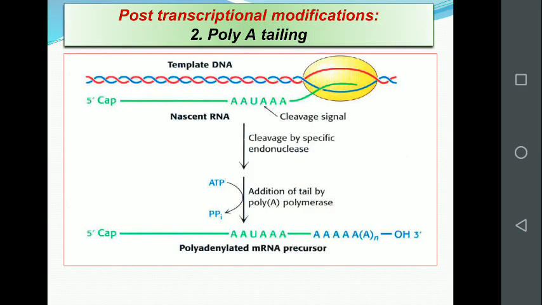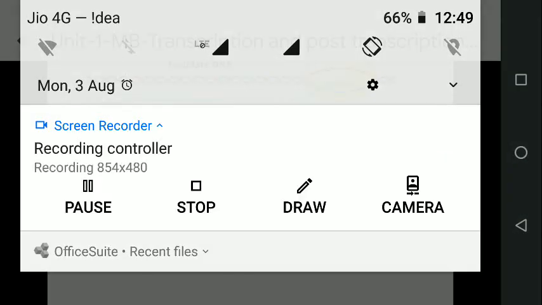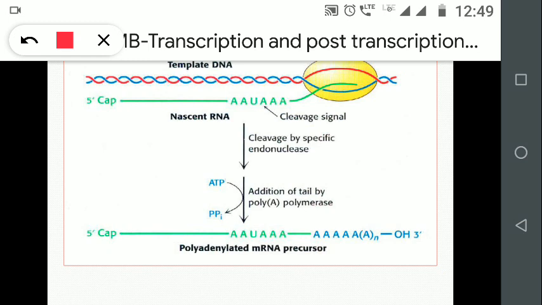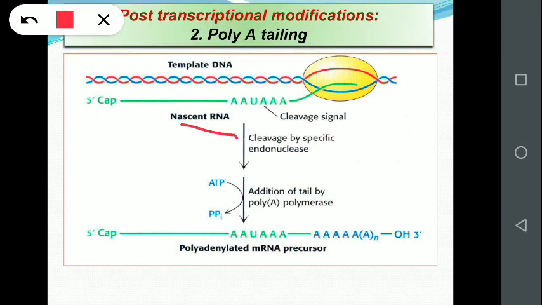And the second post-transcriptional modification is poly-A tailing. At the end of the primary transcript, or nascent, newly synthesized RNA, it will have a specific signal, a consensus sequence.